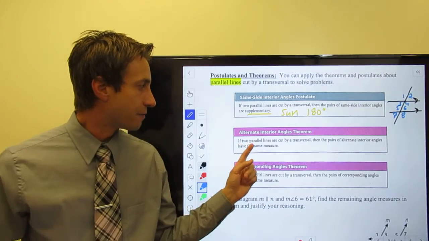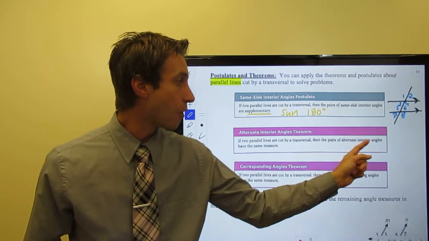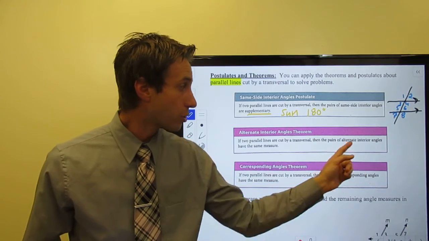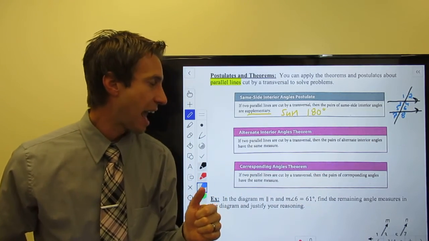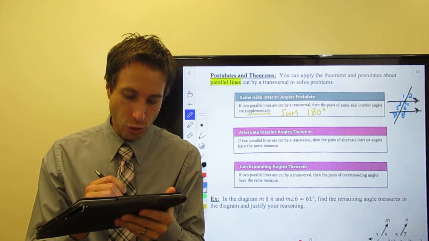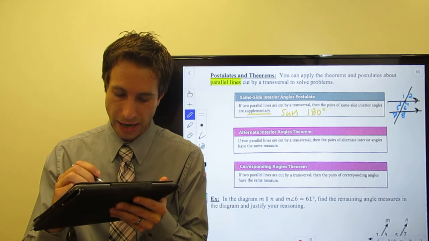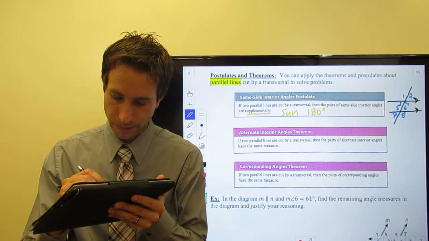The next one: if two parallel lines are cut by a transversal, then the pair of alternate interior angles have the same measure. Same measure means that they are congruent. So alternate interior angles are congruent.